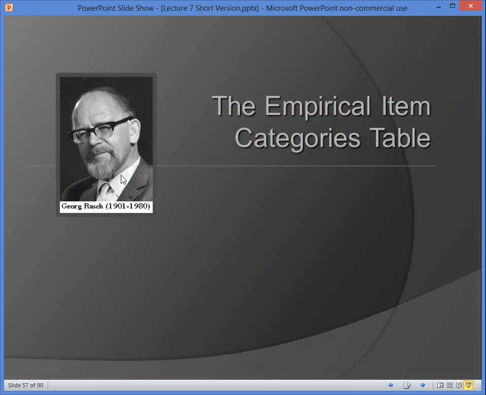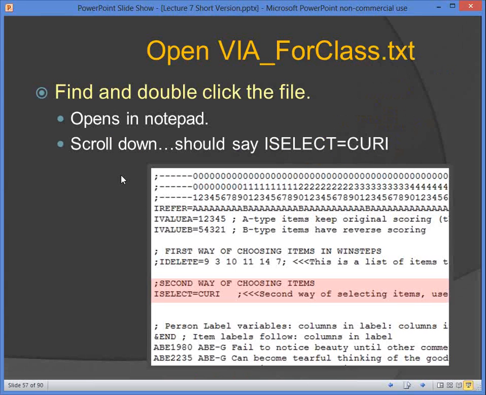Another thing that you're going to consider in making item selection decisions is the empirical item categories table. Okay? I want you to go ahead and open the VIA for class.txt file. You can go ahead and open it in Notepad if you want, or if you're really ambitious, you can start WinSteps.